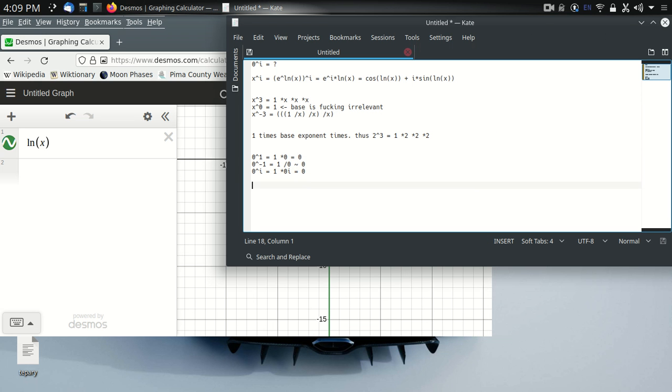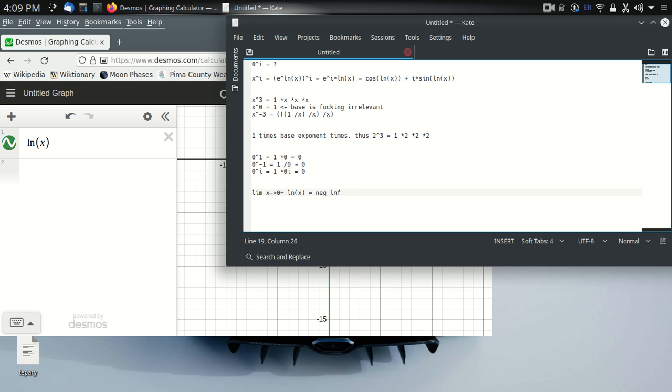Right, so the limit as x approaches 0 from the right of ln of x equals negative infinity, right?